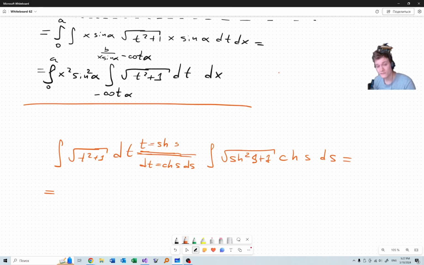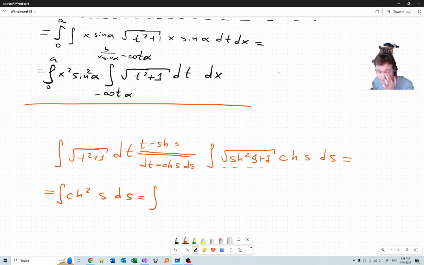Yes. Let's continue. Okay, this is ch, so now I have an integral of ch squared s ds, and now I need to eliminate all sorts of hyperbolic functions. Instead of that I want just exponents.